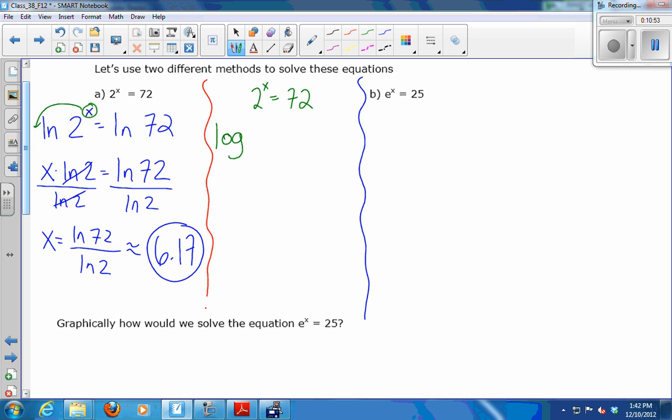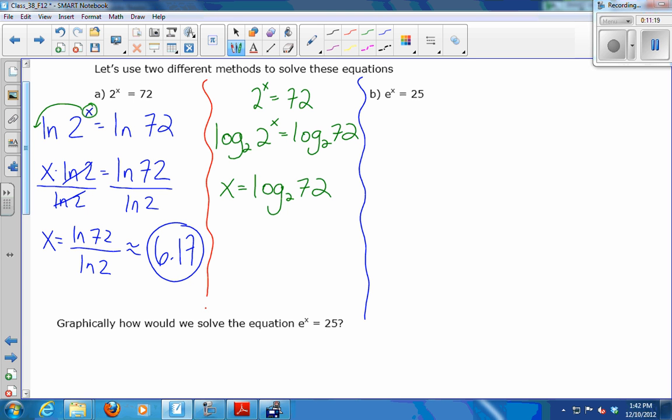If I have log base 2 of 2 to the x equals log base 2 of 72, now I can use the definition of log as the liftoff function, right? My bases match. I have log base 2 of 2 to the x. What is that? x. You just lift off the exponent. And it equals log base 2 of 72.